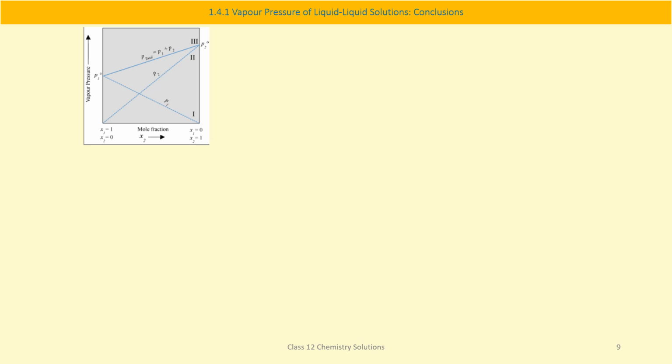A plot of equation 16, that is, P total equals P1 naught plus (P2 naught minus P1 naught) times x2, is shown on the screen. This is the plot of vapor pressure and mole fraction of an ideal solution at constant temperature.